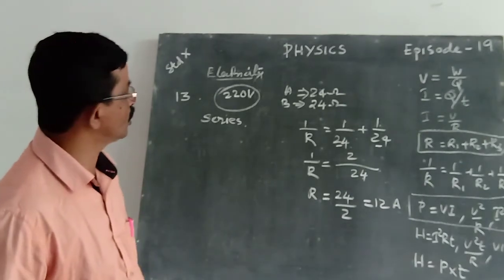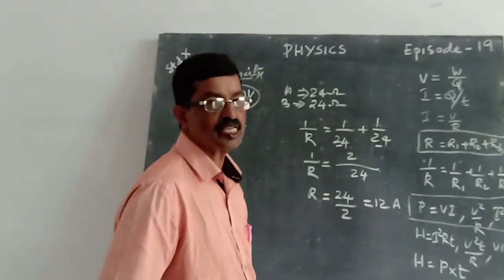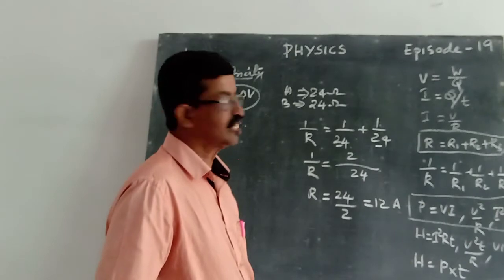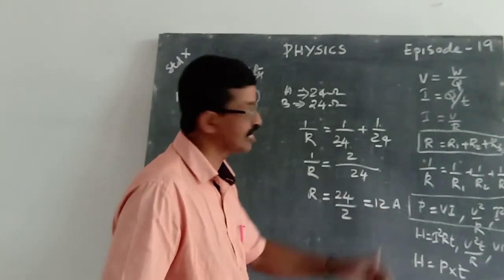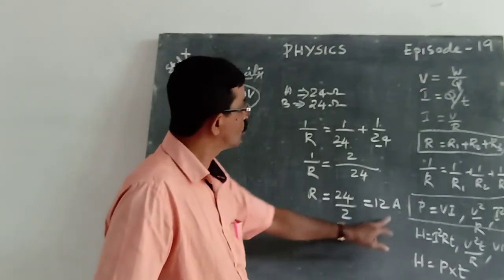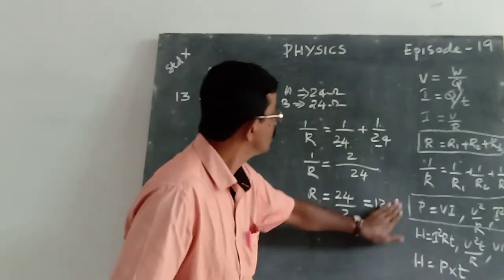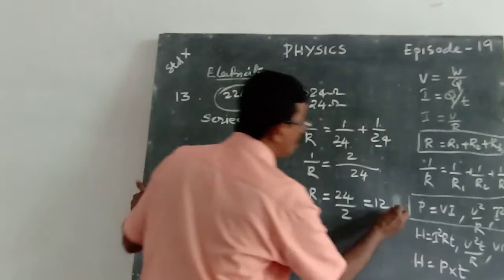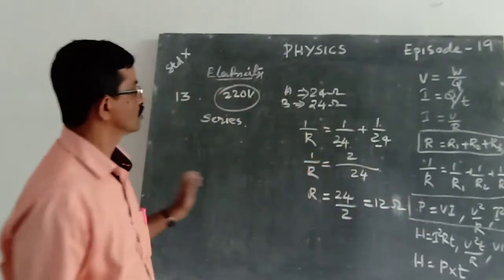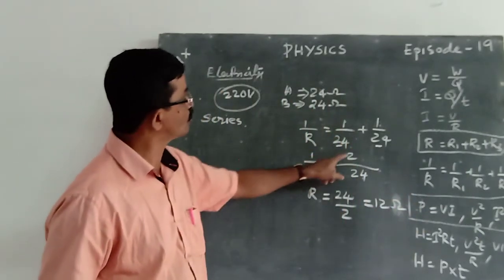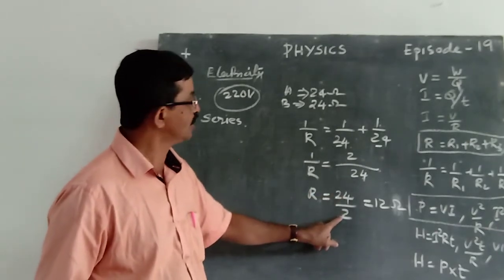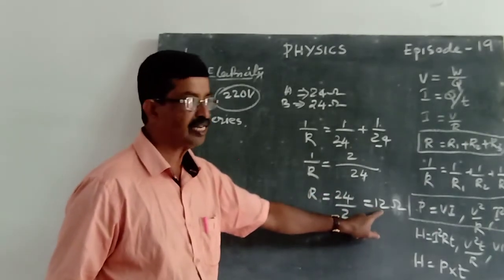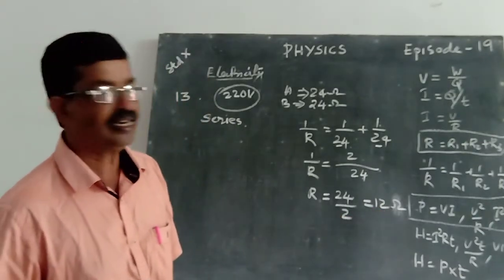The effective resistance in the circuit is 12 ohm. Here 1 by R is equal to 2 by 24, or R is equal to 24 by 2, that is equal to 12 ohm is the effective resistance, not the current.